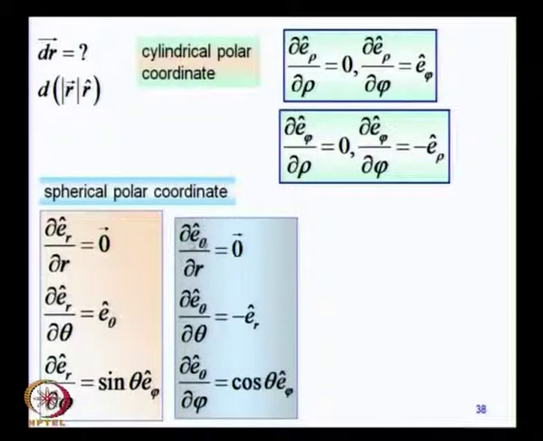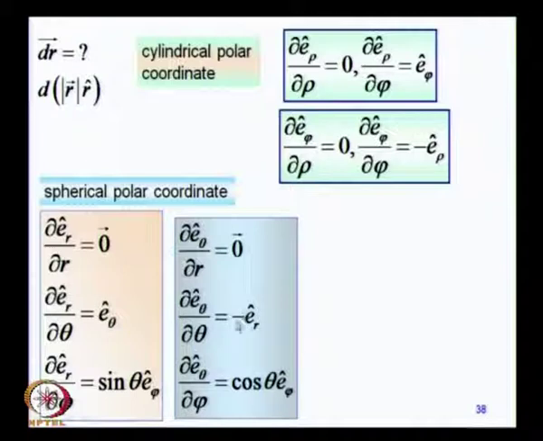Likewise, the rate of change of the unit vector e theta in the spherical polar coordinate system, with respect to r it is 0, with respect to theta it is minus e r. It is always nice to remember that the changes are always orthogonal to the unit vectors, okay, which is why it is a change at all. If it has got a component, how could it be a change, right. So, the change in e theta with respect to theta is orthogonal to e theta. So, this is along e r.